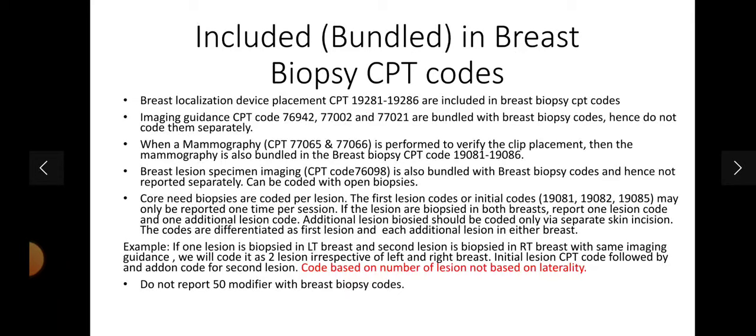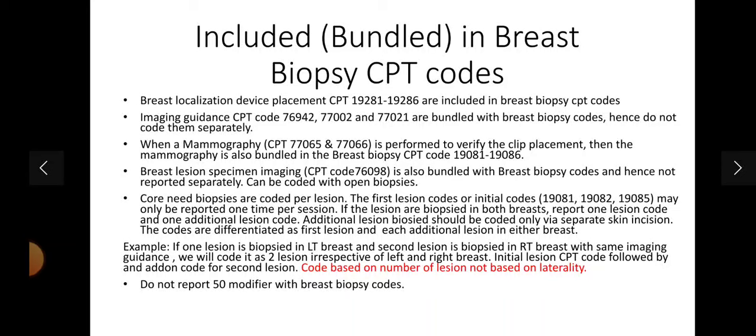Now what is bundled and what is included in these codes? So I already told you breast localization device placement is included in breast biopsy codes 19081 to 86. That is given in the description also, which is very clear. Again, imaging guidance, they have mentioned in the description that it is included.